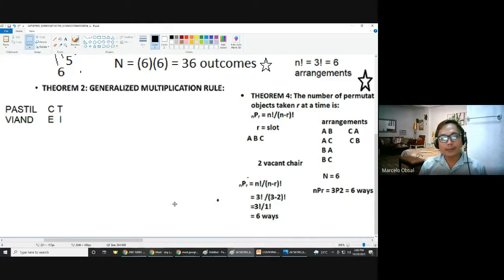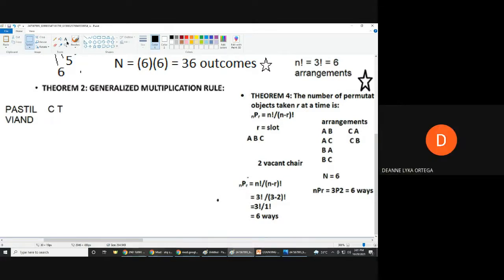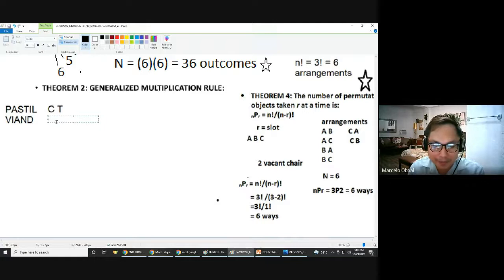And additional viand, let's say that is isaw, chicken isaw, and egg. Sinadya ko na magkaiba yung mga letters, no? Para hindi tayo malito mamaya.